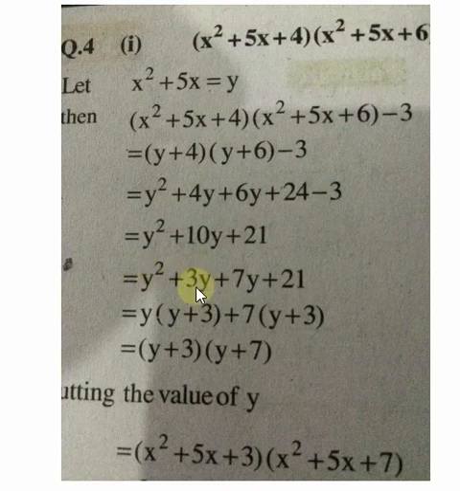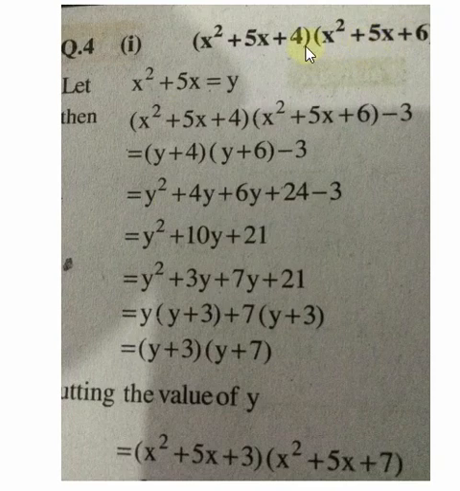Now we have 3y plus 7y plus 21. Taking y common, we have y into y plus 3, and taking 7 common, we have 7 into y plus 3. Now taking y plus 3 common, we have y plus 3 and y plus 7.